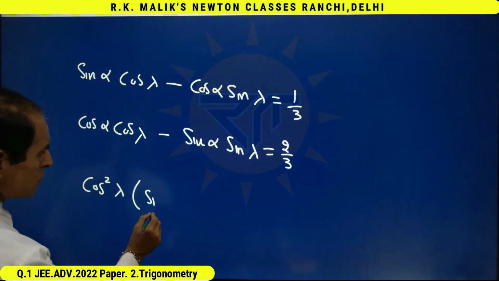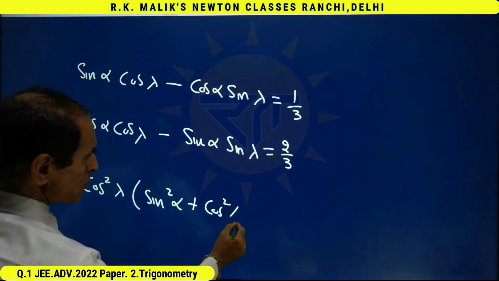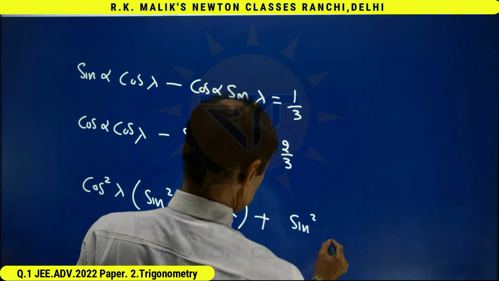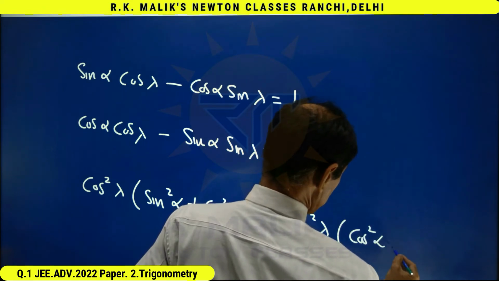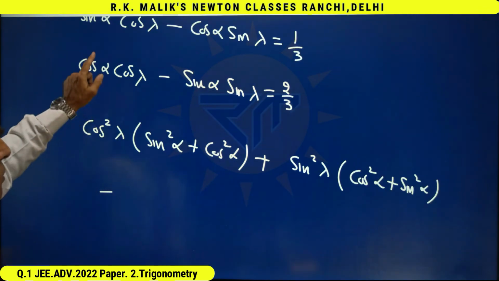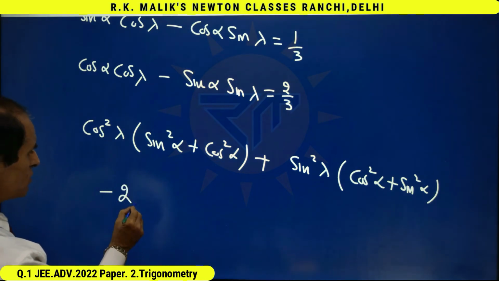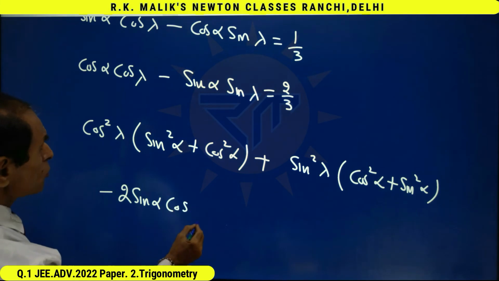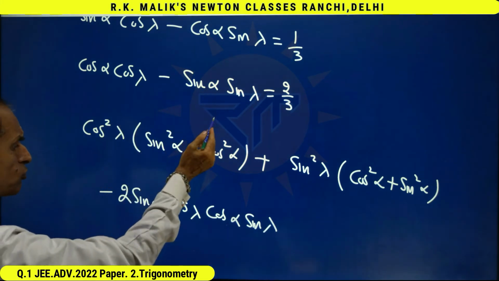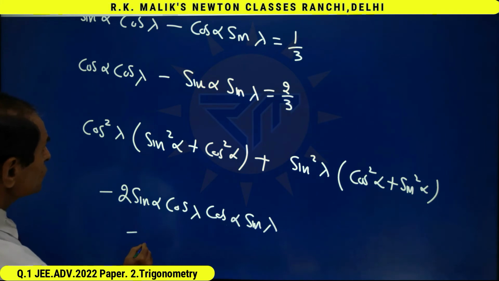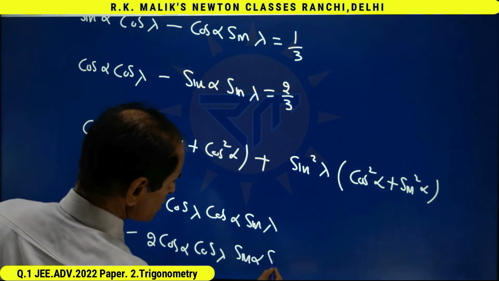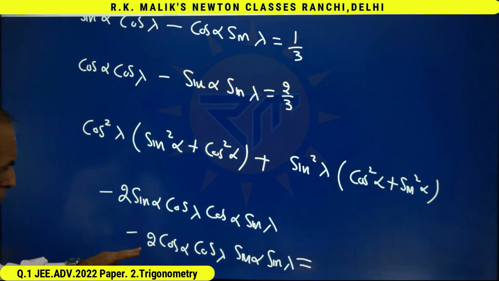You can see very easily that after squaring and adding, cos square lambda into sin square alpha plus sin square lambda into cos square alpha plus sin square alpha minus, here you will be getting 2 sin alpha cos lambda cos alpha sin lambda, and here also you will be getting the same thing, minus 2 cos alpha cos lambda sin alpha sin lambda, actually both are same.